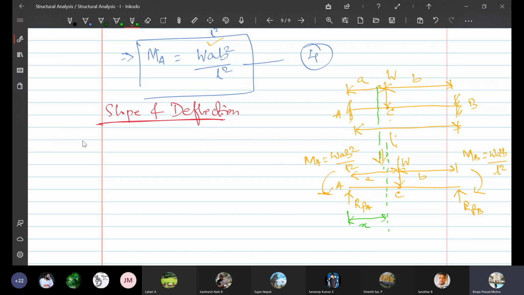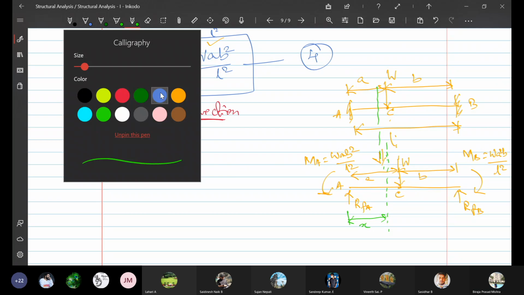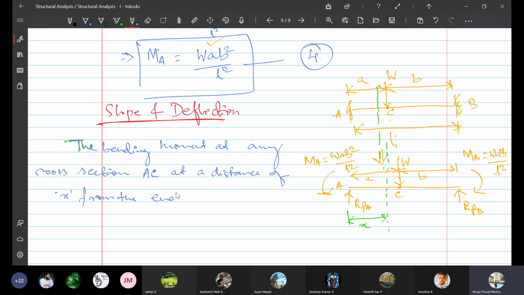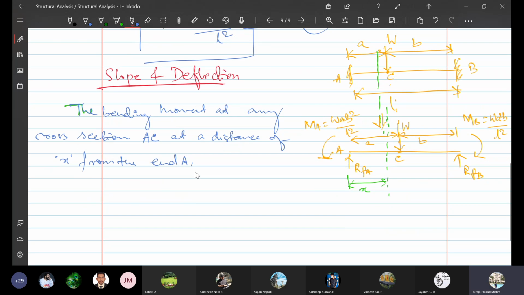The bending moment at any section AC, or at any cross section AC at a distance of X from the end A. Can I write like this?